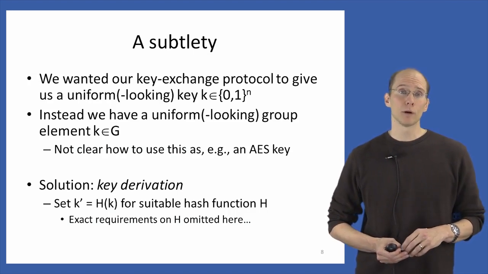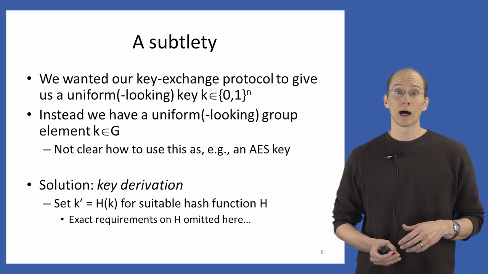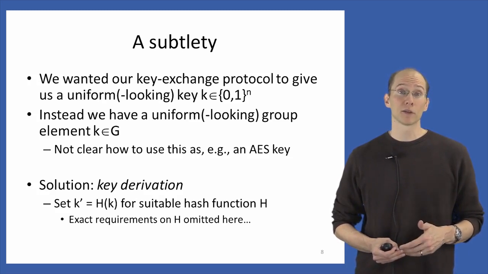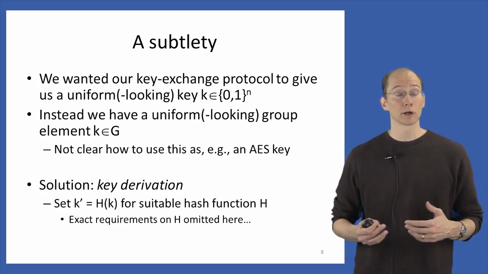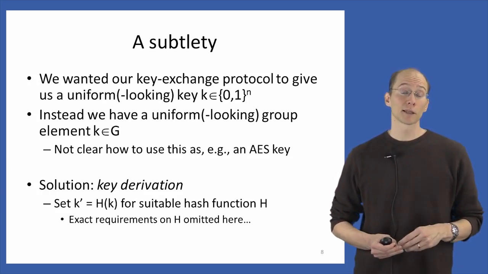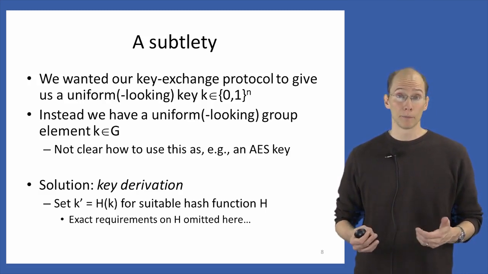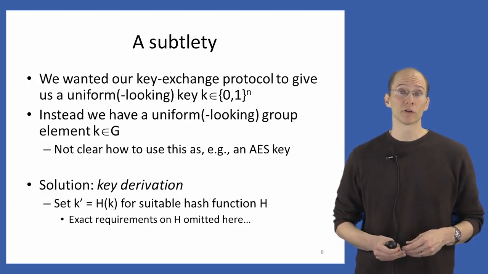I don't want to get into too much discussion about the exact requirements for the hash function H. I'll mention that you need stronger properties than collision resistance. You need some kind of random-looking property on H, but I don't want to get into that here. Suffice it to say that this is essentially what's done in practice to derive a shared bit string of the appropriate length after running the Diffie-Hellman protocol.